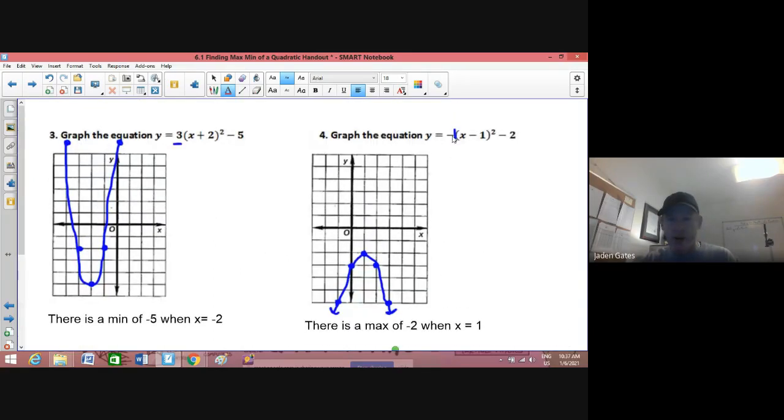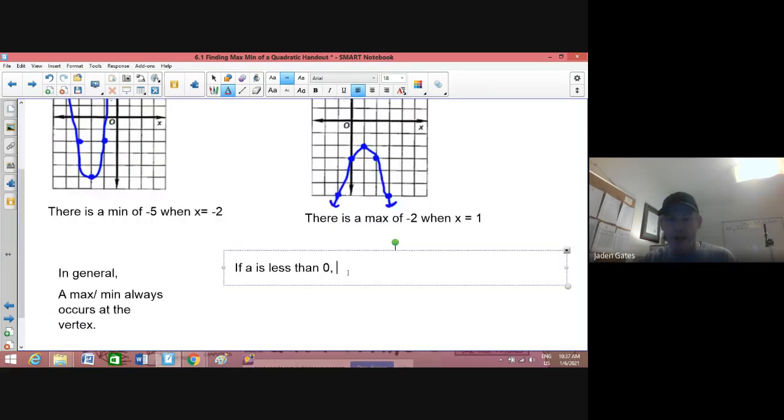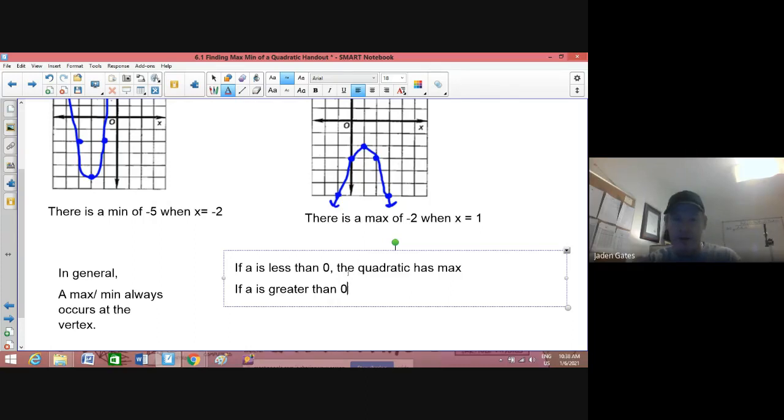Every time our a value is negative, our parabola opens down, and so therefore the quadratic has a max. And the opposite is true: if a is greater than 0, in other words, it's positive, the quadratic opens up, so it has a min.